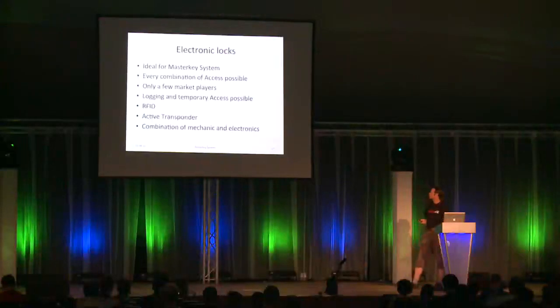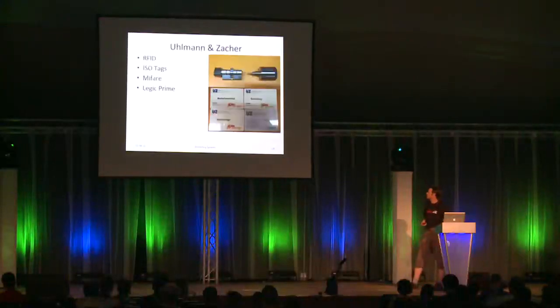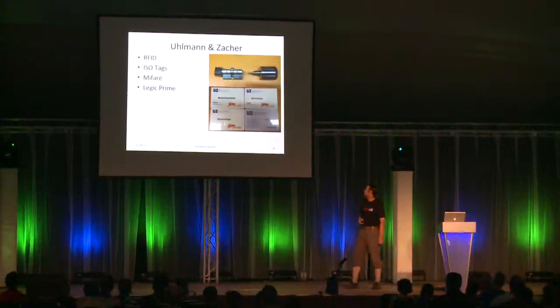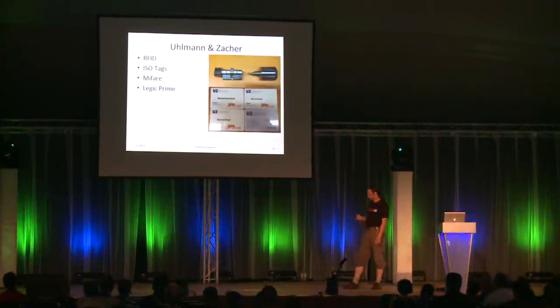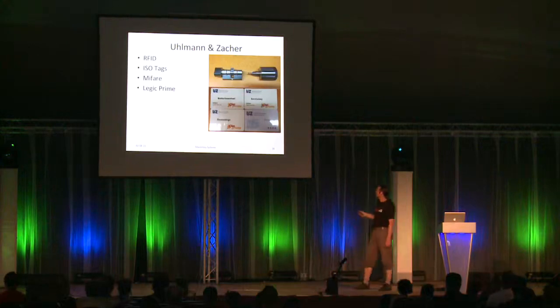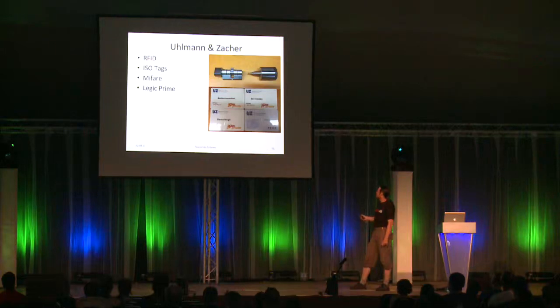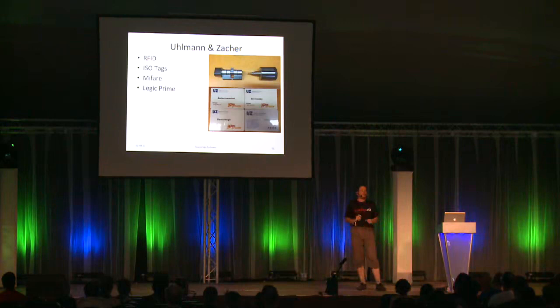The first one that we analyzed in Munich, we got a nice thing. This is Ullmann and Zacher. You see on here, what we're writing here is MIFARE. Everybody knows MIFARE is very secure, I think, so this is not a good solution. They also have some keys for another system called Legic Prime, everybody knows, also very, very secure.